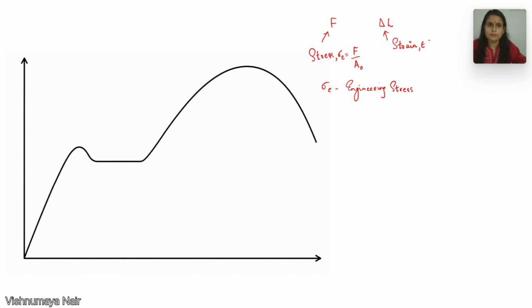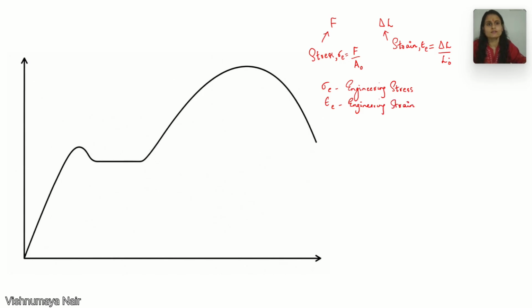And strain can be easily calculated using the equation delta L by L naught. So here also we are considering the initial length, that is the gauge length, right? So this strain is nothing but the engineering strain. So epsilon E is the engineering strain.